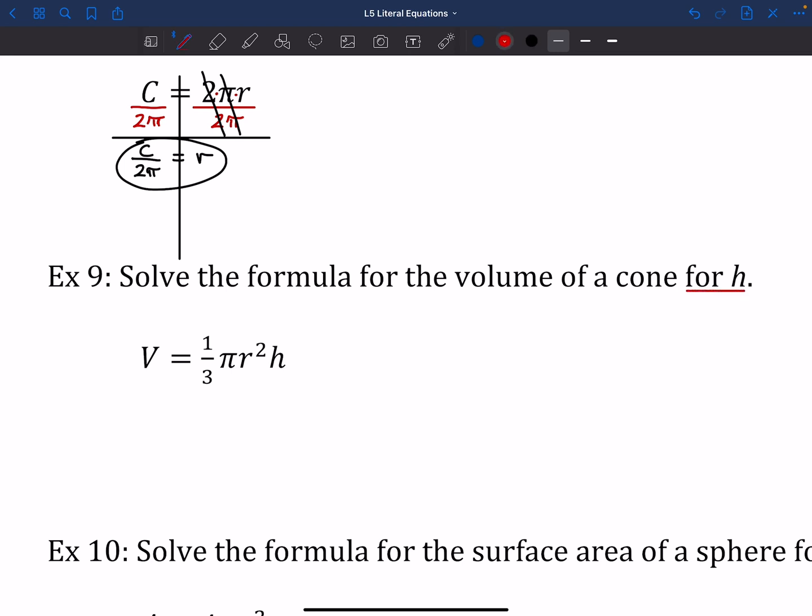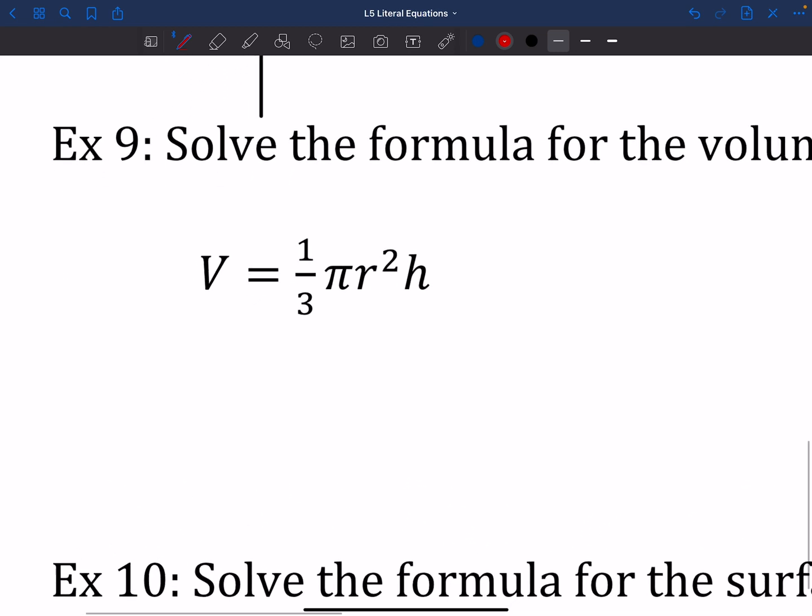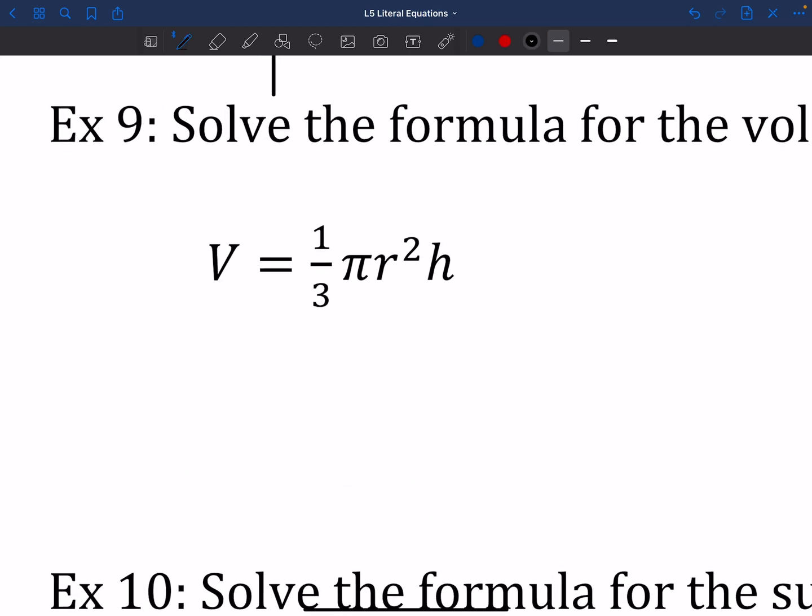On this one, we want to solve the volume of a cone for h, right? So to get h all by itself, again, we're going to need to do a couple things. Think about first what's going on between all of this stuff, right? Right now, this is 1/3 times pi times r squared times h, right?